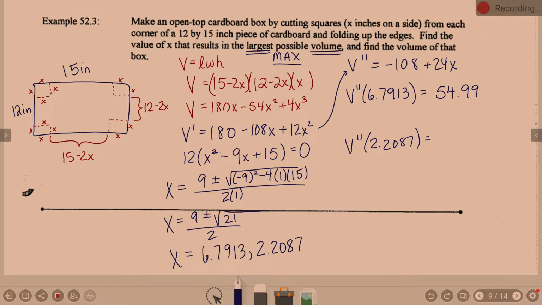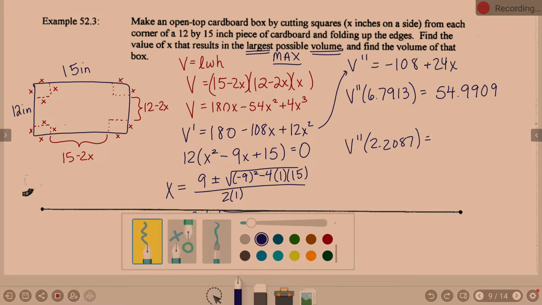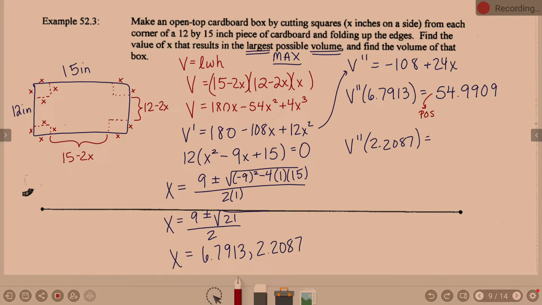Okay, so here's the deal. If you go back and use the full decimal, you get a slightly different number. I have written down in my notes 54.9909. When I just put in that four-digit decimal, I have 54.9912. Although it tells me in both cases that it is positive. And what does a positive second derivative tell me? It's concave up, which means at 6.7913 there is a minimum.